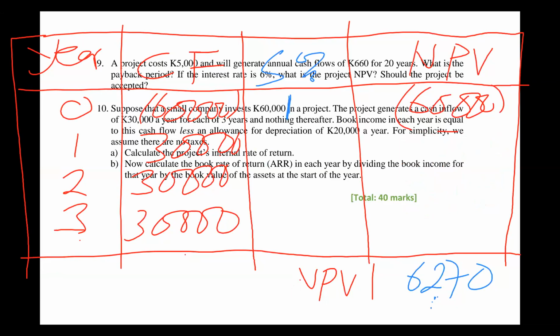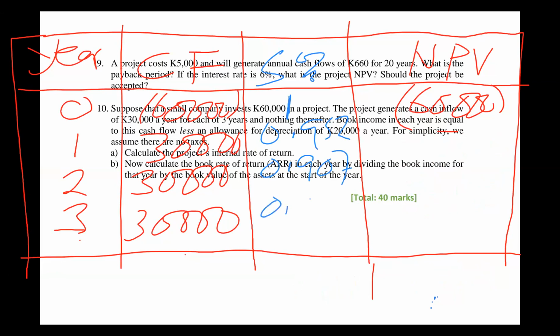Year 1, 0.952. Year 2, 0.907. Year 3, 0.864.